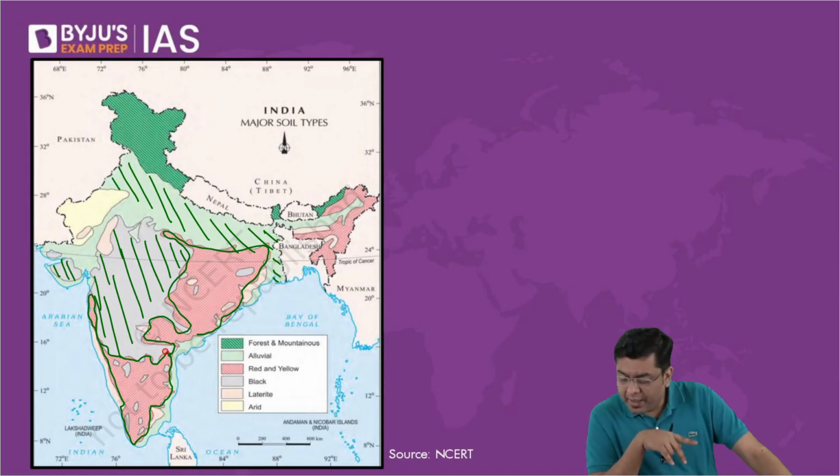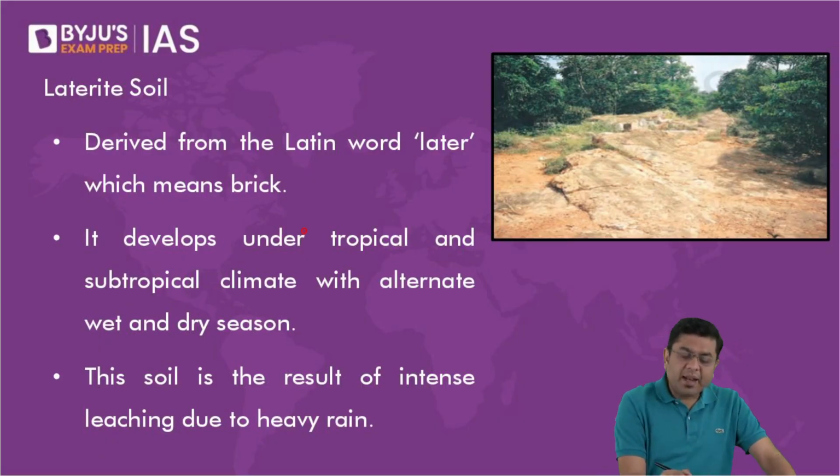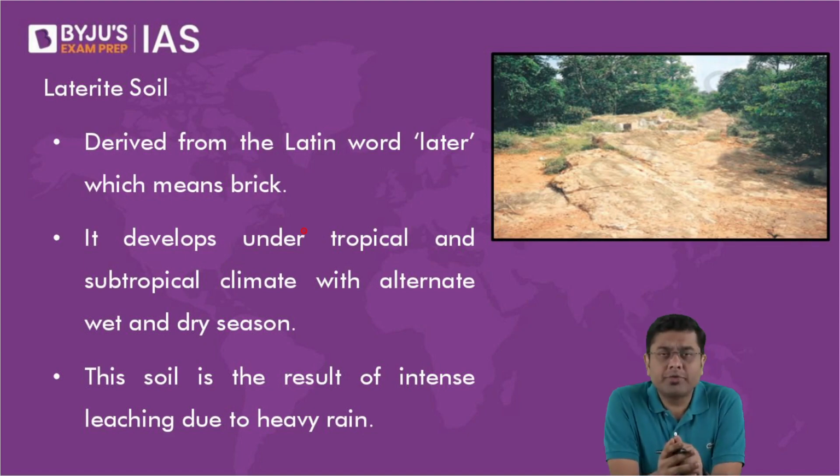Okay. Now, then we have the laterite soil. Laterite soil is something that you would also have come across generally. It is found in patches almost everywhere across the country. It is found in those areas where you have a very distinct dry and wet season, where during the wet season, very high amount of rainfall, and in dry conditions, absolute lack of rainfall.